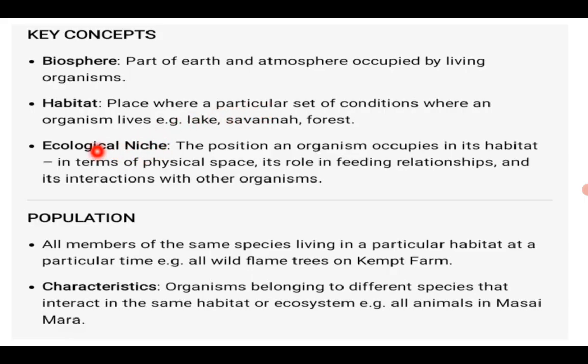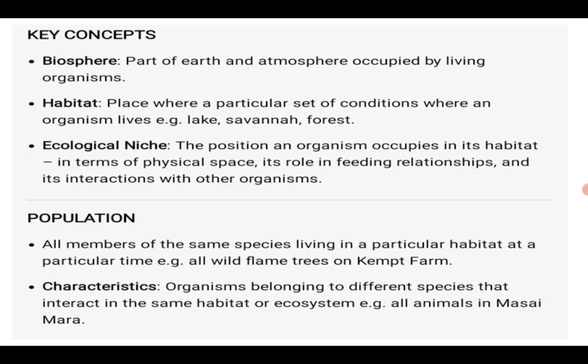And then we have what is called an ecological niche. A niche is what an organism does in its habitat. This is the position an organism occupies in the habitat in terms of physical space, its role in feeding, relationships, and the interactions with other organisms.